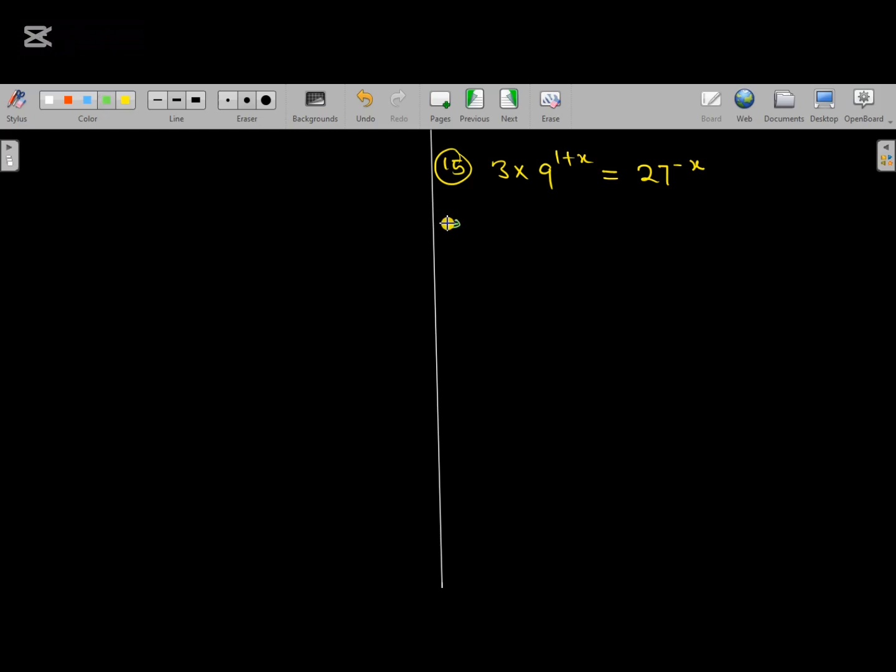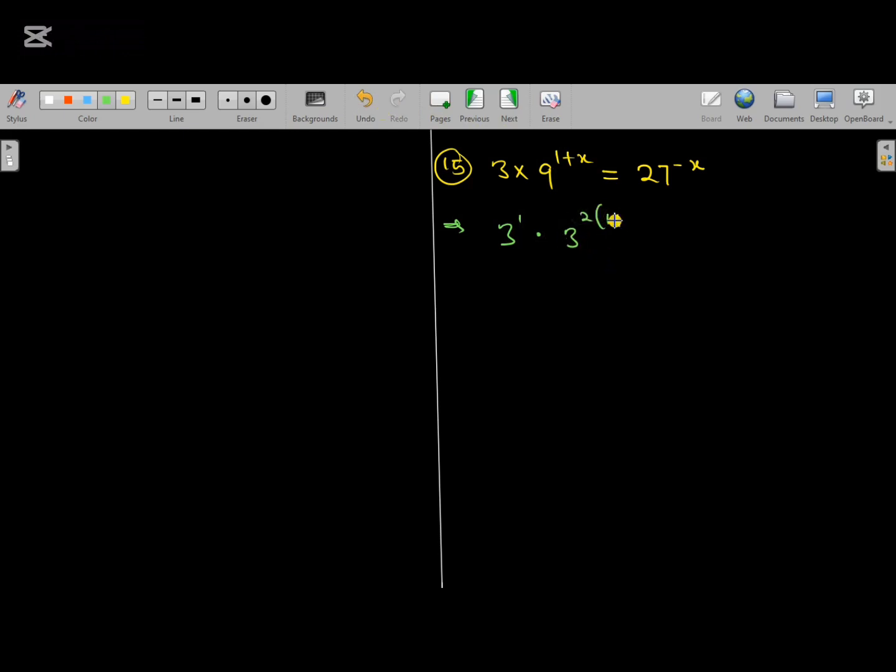Very beautiful. So I'll start by, remember, like I said, there is an equation. Try to put everything you have in the same base. And I can write all of this in base 3. So this is 3 to the power 1 multiplied by 9, which is the same thing as 3 to the power of 2.